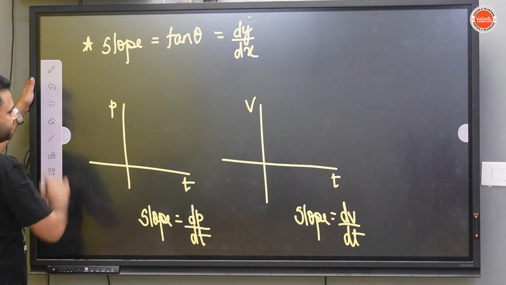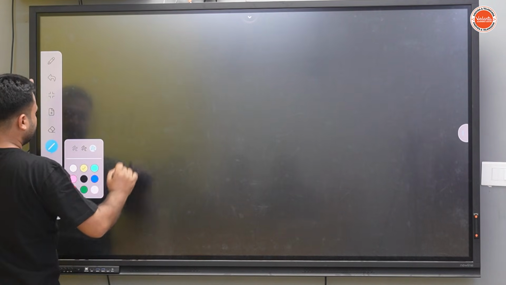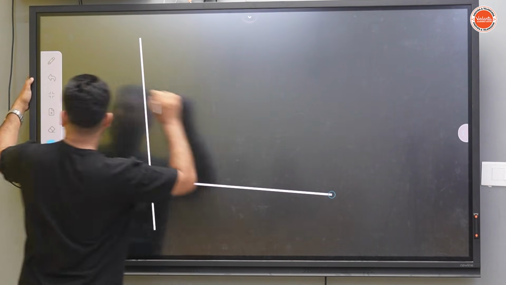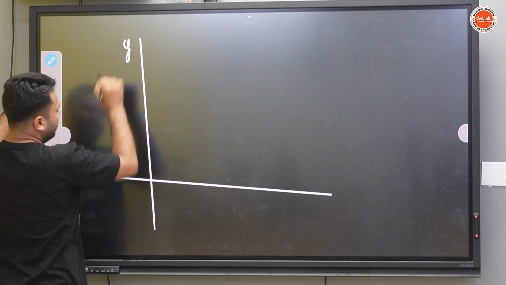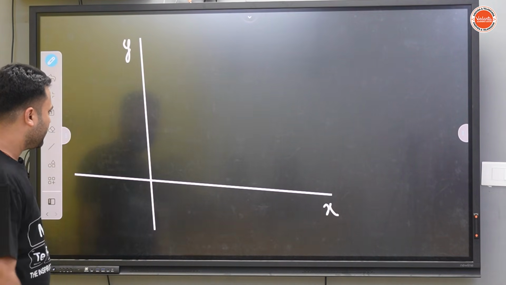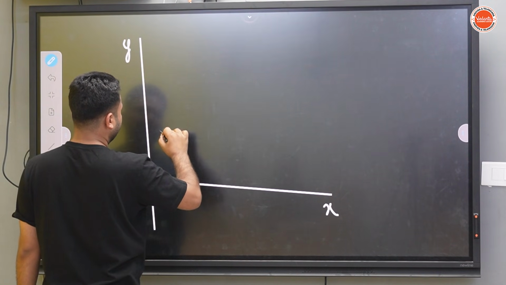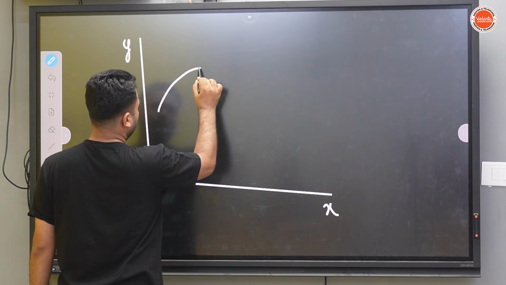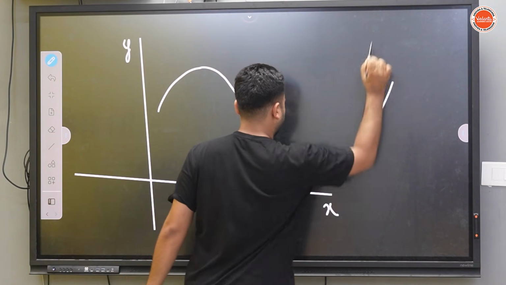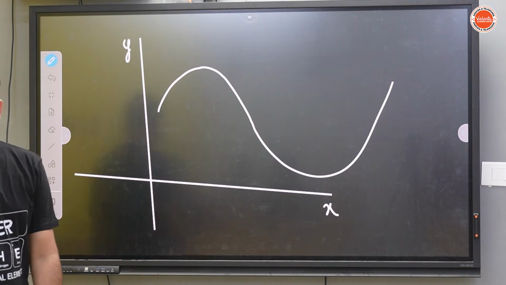Next, suppose, see, this is y, this is x. Suppose my graph is like this. Correct? This is my graph.